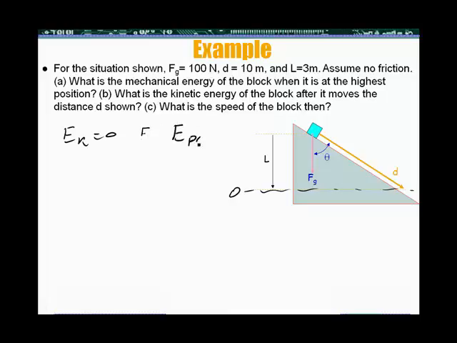But the gravitational potential energy is going to be given by mgh. Now, what would h be? h is going to be the height relative to the reference point. So it is the height. It's not d. It's how high are you. And how high are you in this case? That's L. This is how high are you.